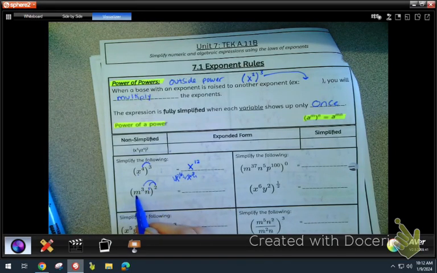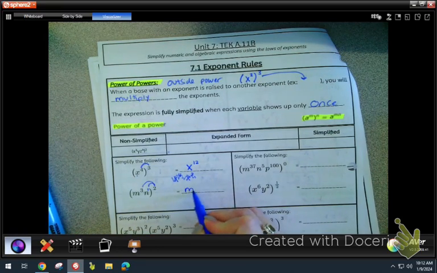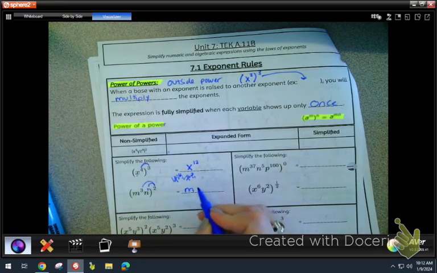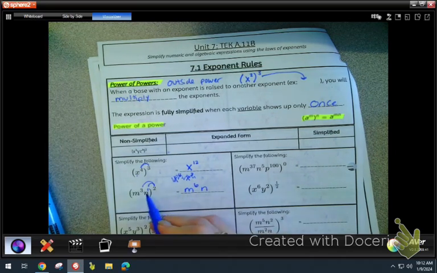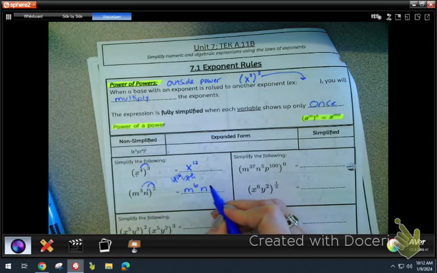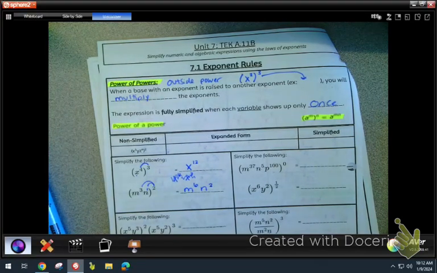All right, let's talk about m first. M to the, multiply for me, Zane, 3 times 2 is? That's going to be 6. N to the 1 times 2 is? 2. And then we're done.